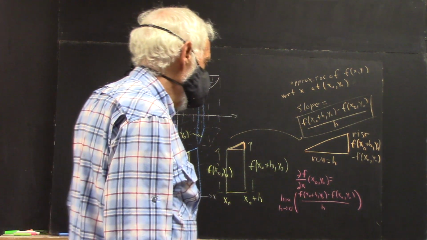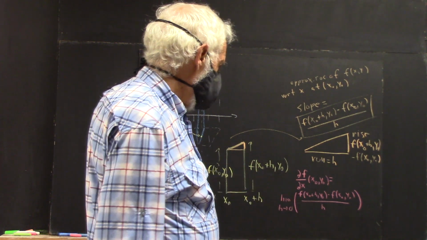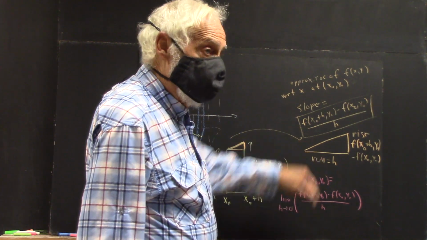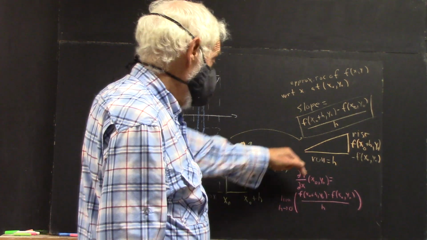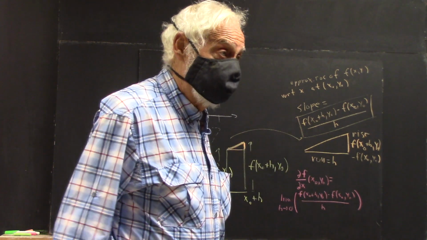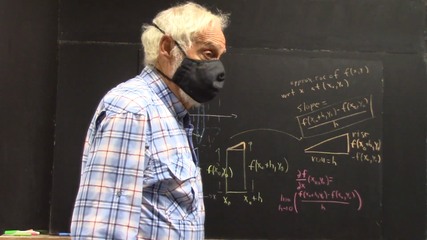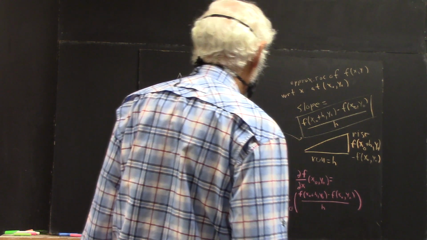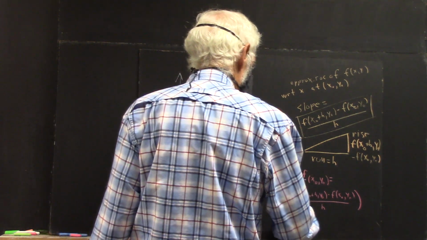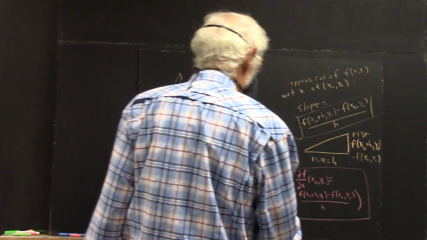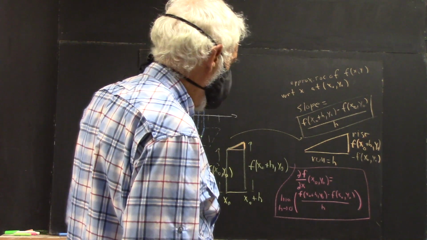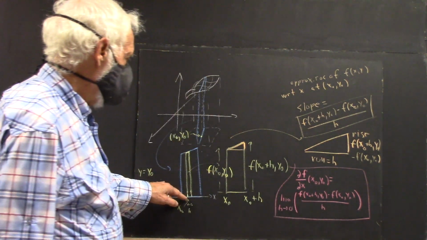And then, of course, partial derivative of f with respect to x at any point x, y: instead of using x naught, y naught, you use x, y. So right there is your partial derivative of f with respect to x at a specific point x naught, y naught.